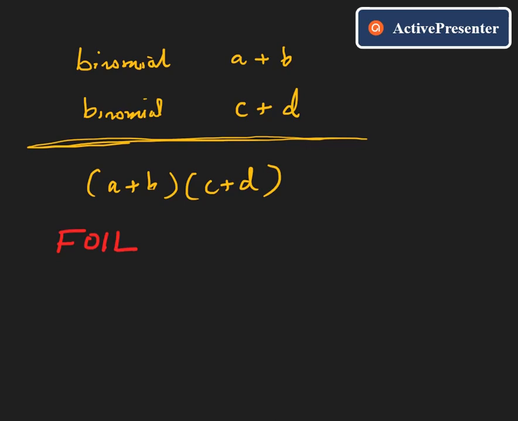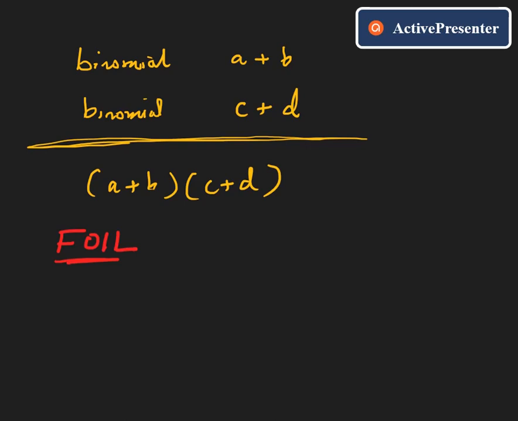What is the FOIL method? It is used when multiplying two binomials, that means two polynomials with two terms each. This method made it simple for multiplying two binomials.